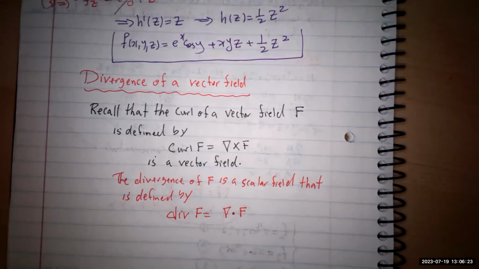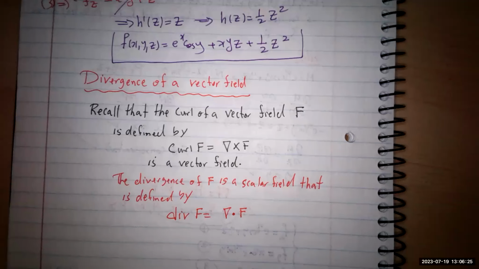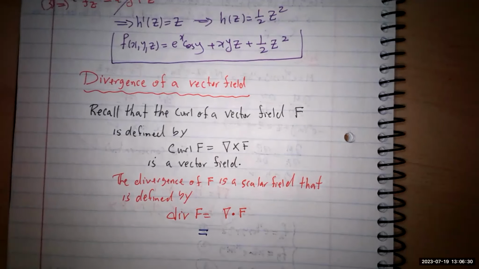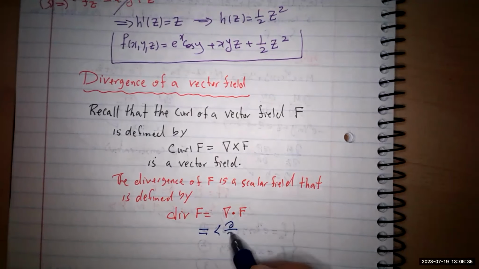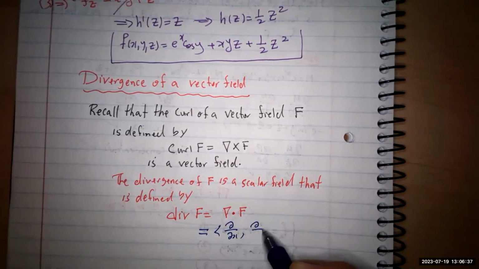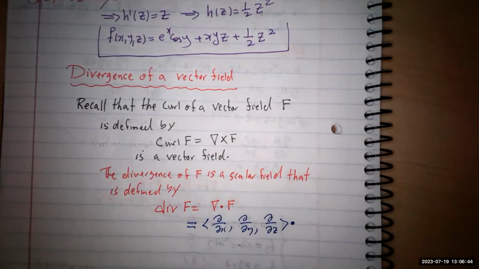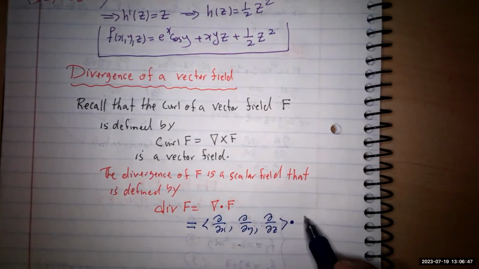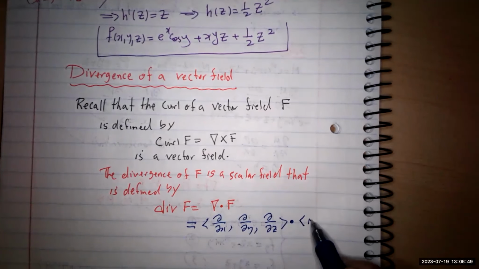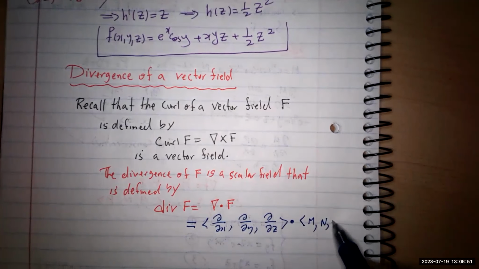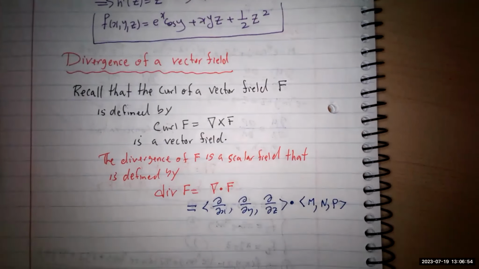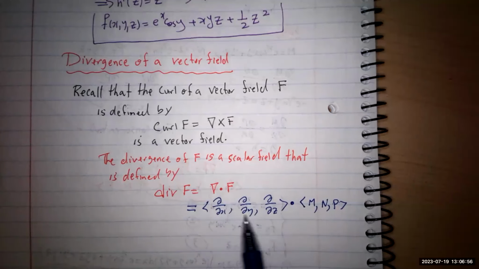So it's very easy to find. How are we going to find it? You see, the del is just a partial derivative operator: round x, round y, round z, dotted with the vector field function M, N, P. Remember the dot product: you multiply these components together.